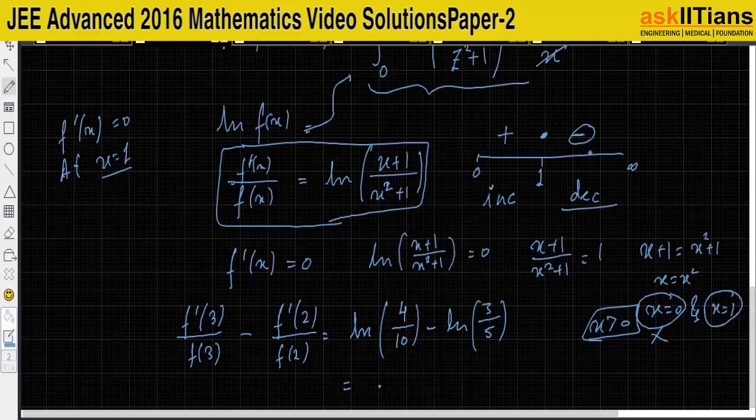So I'll get this, and this is nothing but 4/10 divided by 3/5. So this will be 5 into 2, so this is ln 2/3. Okay, now what we have to check is whether this is less than or greater than... So ln 2/3, will that be a positive quantity or a negative quantity?